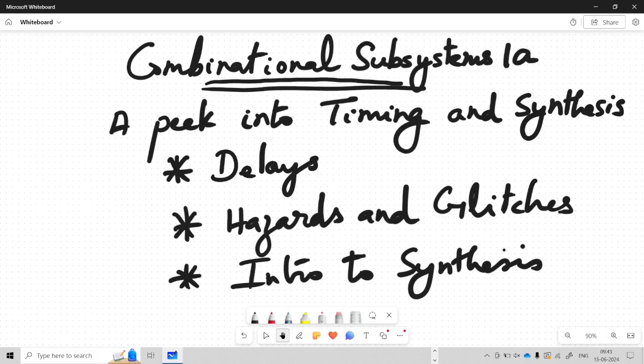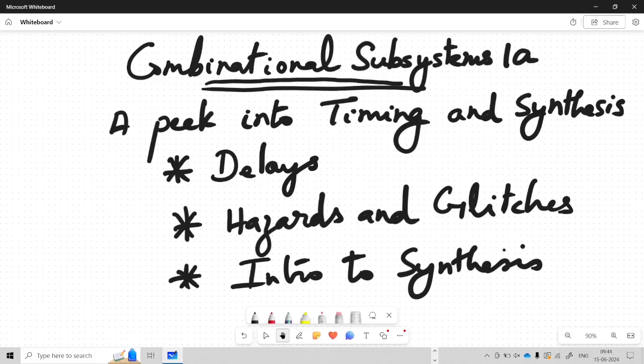Of course, this is by no means a full-fledged study of timing or synthesis, because that is such a vast domain. We will be exploring timing in greater detail when we discuss sequential circuits, because unless you know the structure of sequential circuits, the nature of timing issues cannot be understood at a global level.